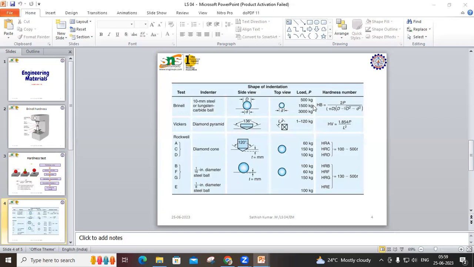So you can apply up to 3000 kgs of load upon the specimen. That is how we can take the indentation, and substituting in the formula, we get the Brinell hardness number. In this way, the hardness is tested.